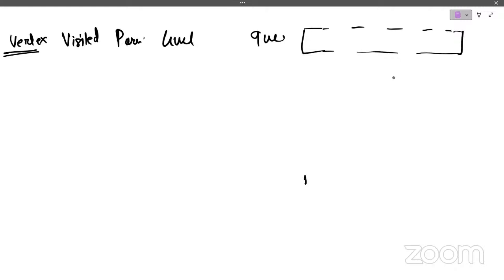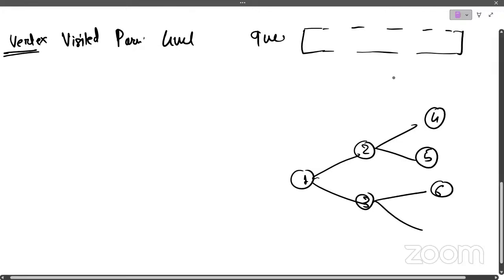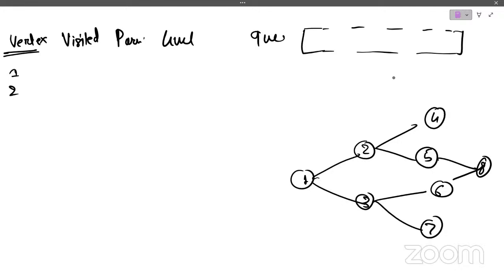I'm taking a simple example: vertices 1, 2, 3, 4, 5, 6, 7, and 8. Initially all are not visited, because I haven't started my BFS. The parents and levels are unset, and initially all the vertices are at level -1.